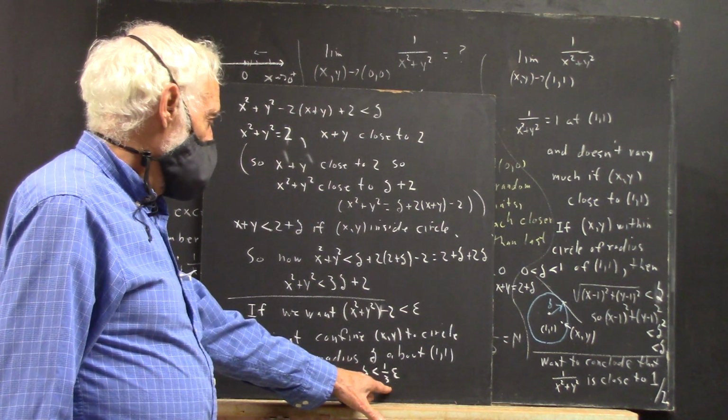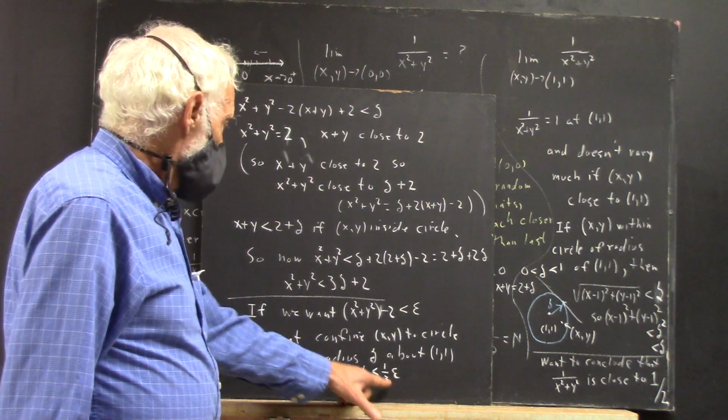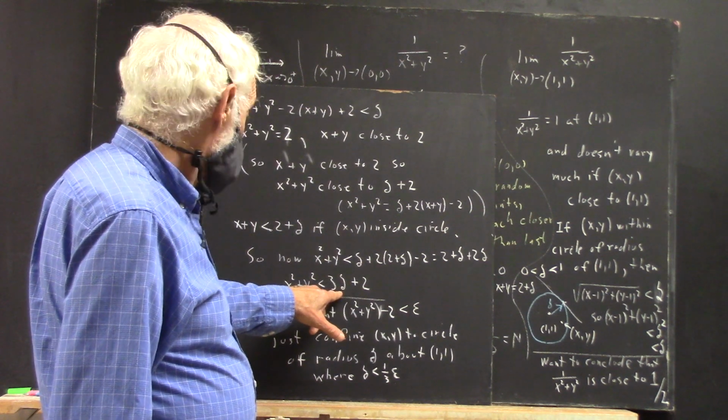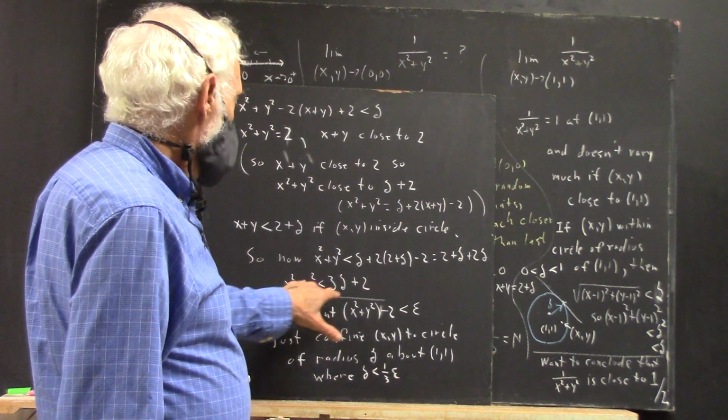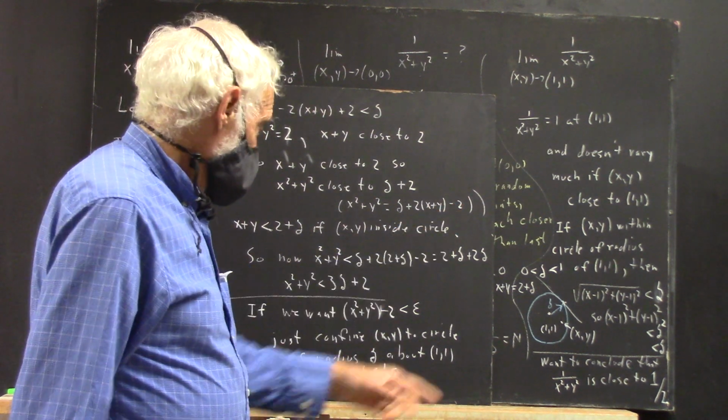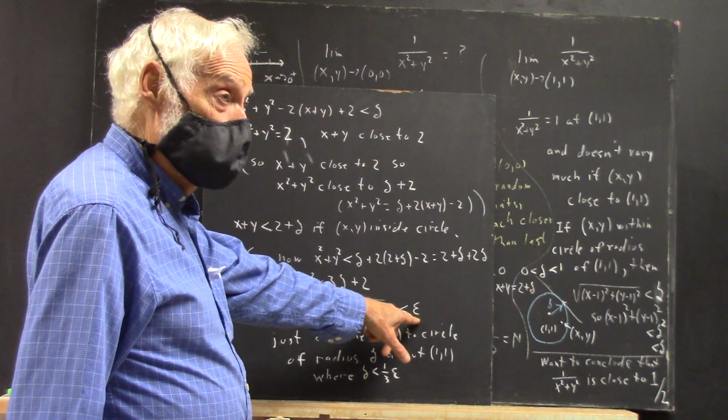If delta is less than 1/3 epsilon, then 3 delta is less than epsilon.